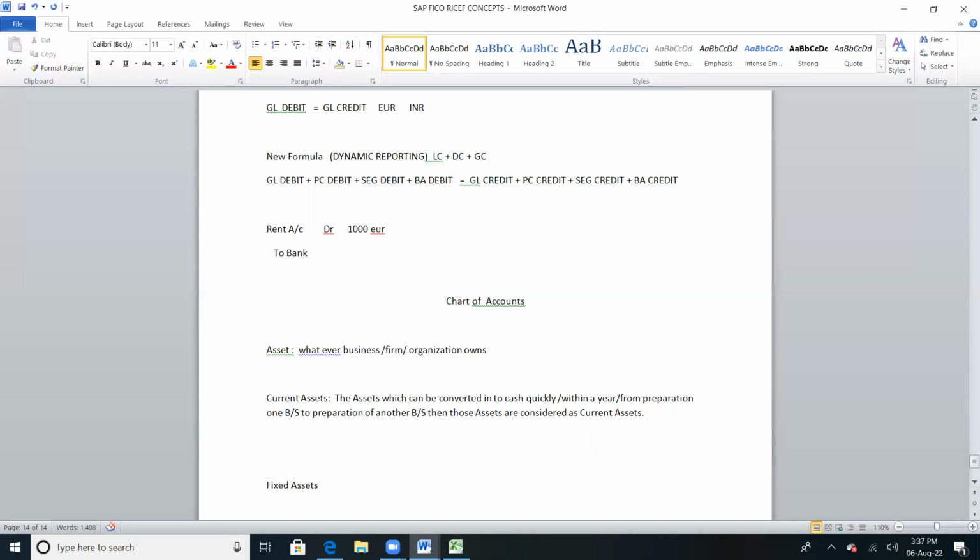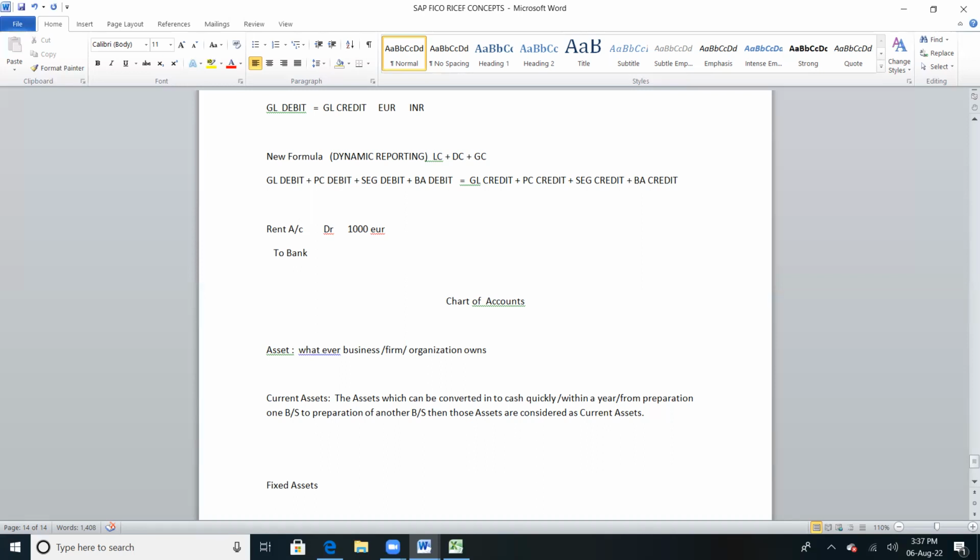I'll use it for a longer period. Understood. The assets which can be converted into cash quickly, within a year, are considered current assets. Those which cannot be converted into cash within a year are considered fixed assets. Is that clear?